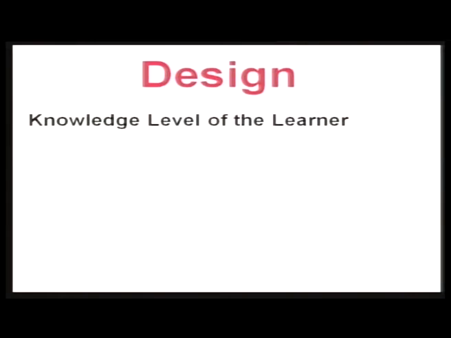We say it's the pre-knowledge. When they come to a training program, what knowledge do they have? Secondly, under the design phase, you have to develop the learning outcomes. That is very important. How do you develop the learning objectives? What is expected of the learners comes under the design phase.